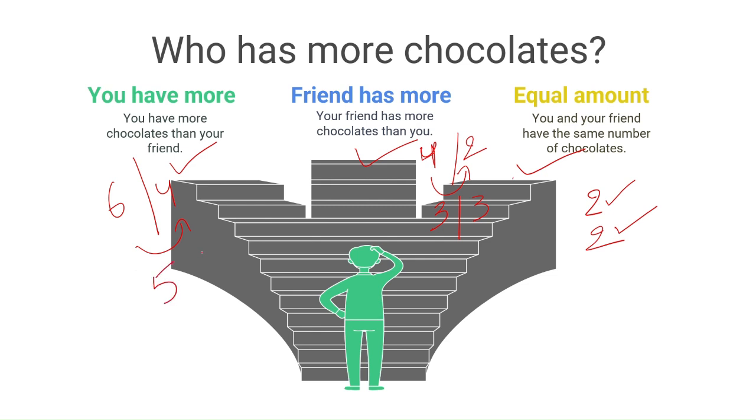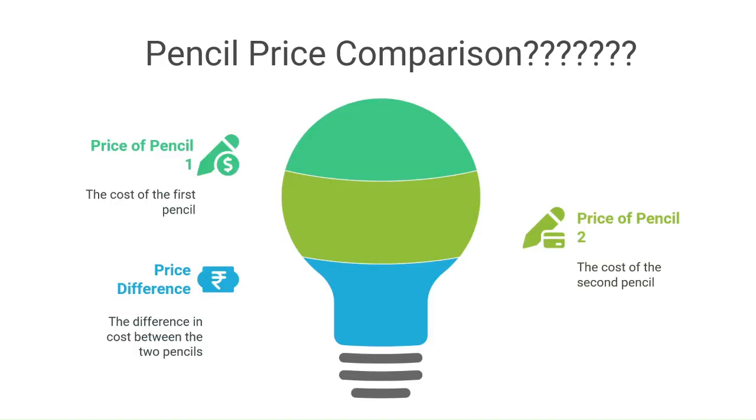Then 4 plus 1 becomes 5, and 6 minus 1 becomes 5. So then you both have equal chocolates. So this way it will help you see who has more chocolates, who can share, who has fewer chocolates, who cannot share. So this is one easy example where you can map how comparing quantities will help me.